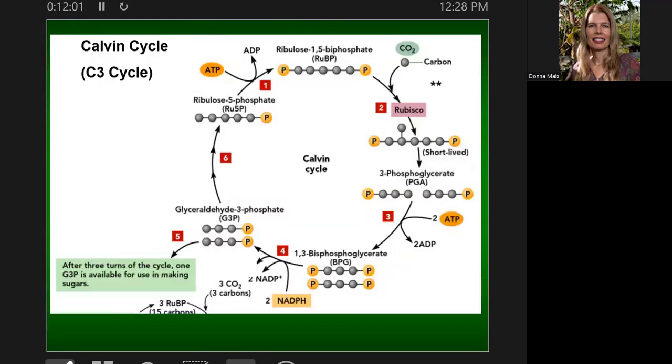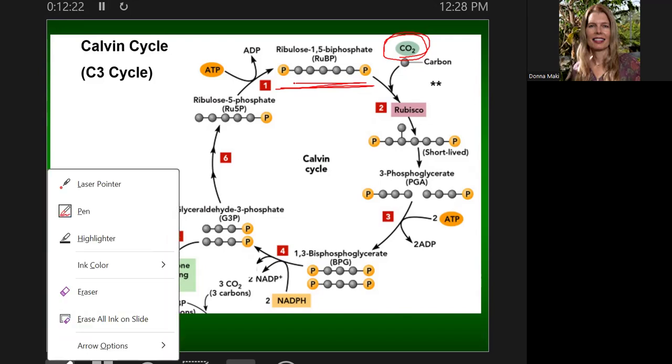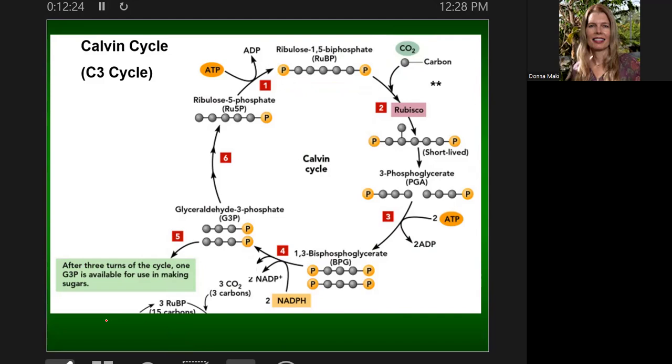So this is the actual Calvin cycle. Sometimes they call it the C3 cycle because the first stable molecule is 3 carbons. So here, if we start at the upper portion, you see CO2 is coming in. Here's your RuBP. The gray are the carbons, so it's allowing you to count carbons here.